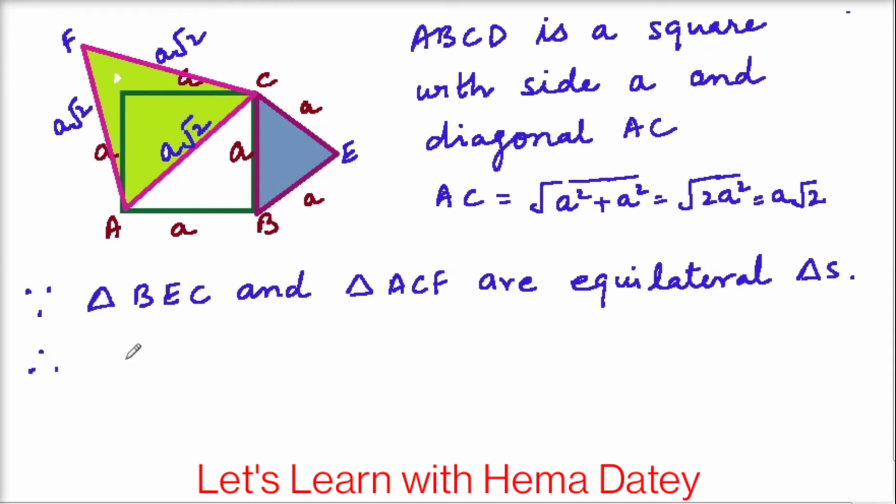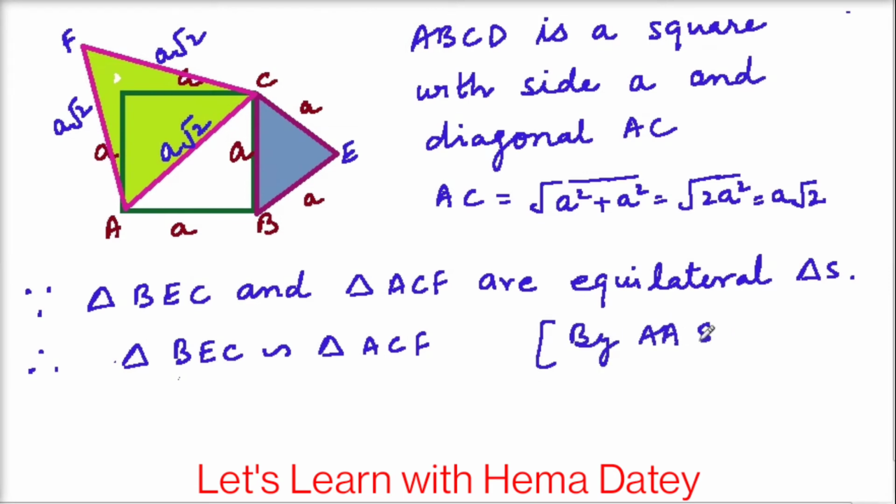That is why we can say by AA similarity that both the equilateral triangles are similar. We can write triangle BEC is similar to triangle ACF. The reason we can write is AA similarity.